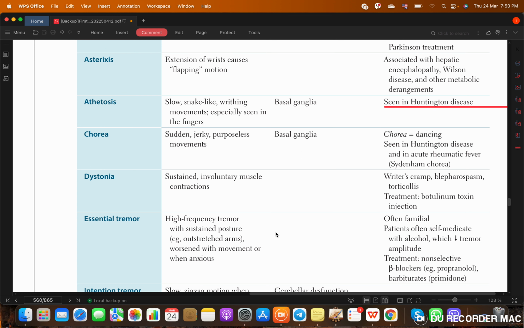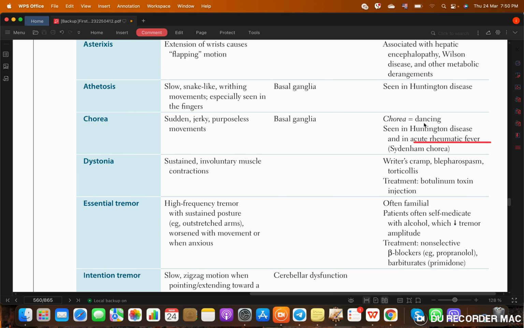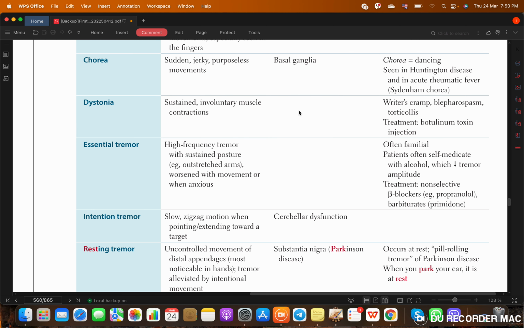Chorea is a sudden, jerky, purposeless movement, which is due to basal ganglia dysfunction. It can be seen with Huntington disease, as you can see, and acute rheumatic fever. That case is Sydenham chorea. However, in Huntington, it's irreversible and the patient is going to die. In acute rheumatic fever, it's totally reversible. Dystonia is a sustained involuntary muscle contraction.